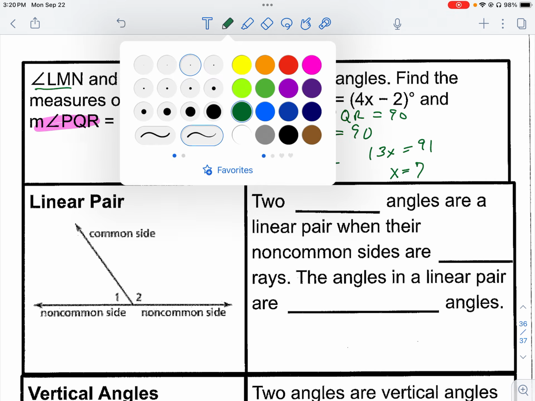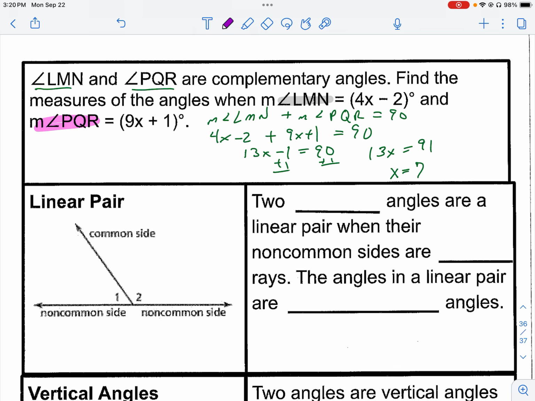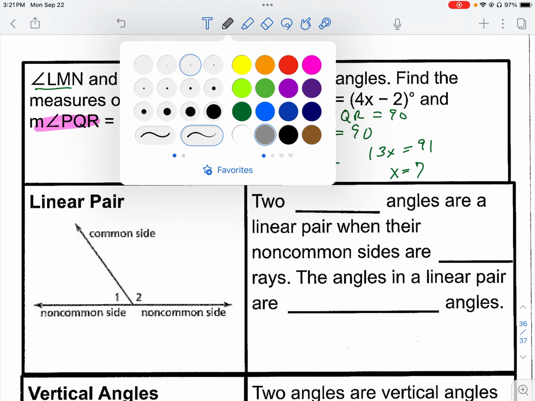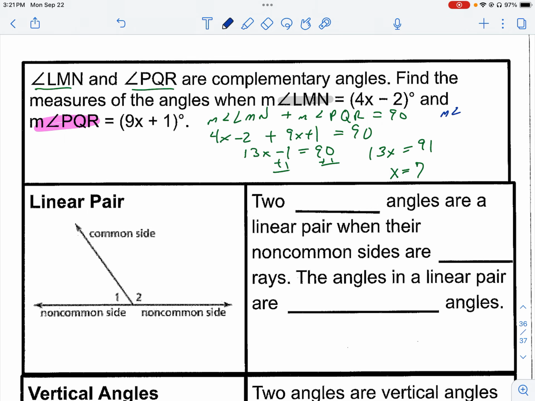So we got to find the measure of both angles. So let's do the measure of angle. We don't like that color. Let's just do blue. So the measure of angle LMN equals 4x minus 2. X is 7, so 4 times 7 minus 2. 4 times 7 is 28. So the measure of angle LMN equals 26 degrees.